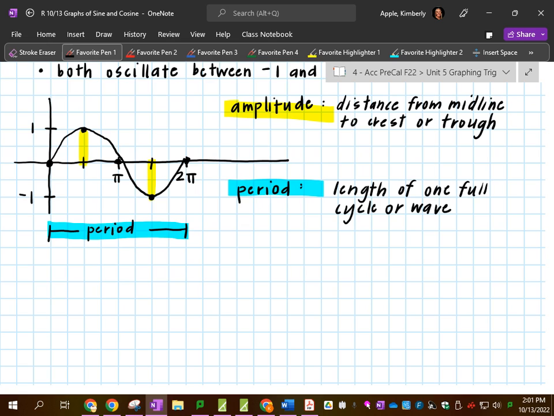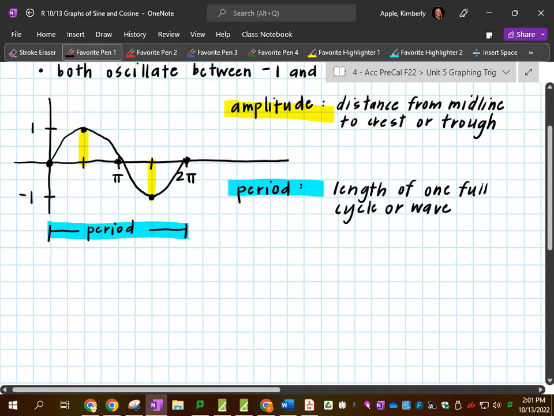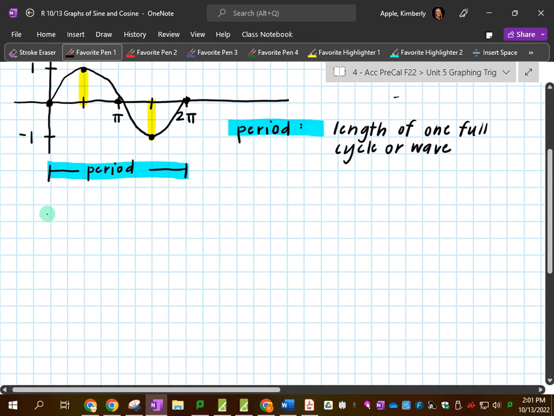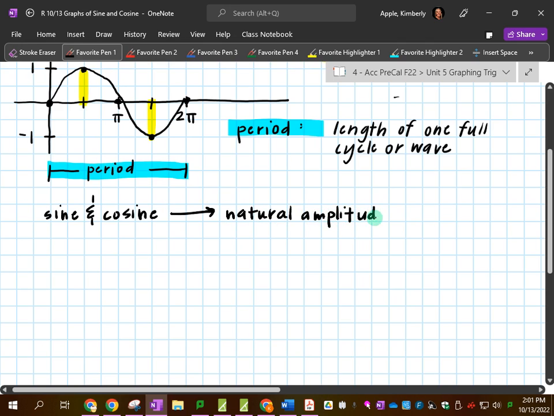Here are a few general facts about sine and cosine, their amplitude and period, before we start transforming these things. For both sine and cosine, the natural amplitude is 1, because they go up to 1 and drop down to -1.